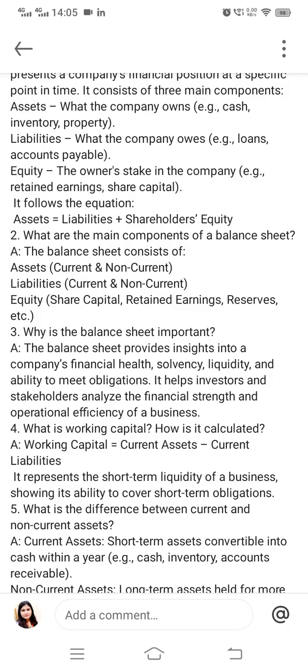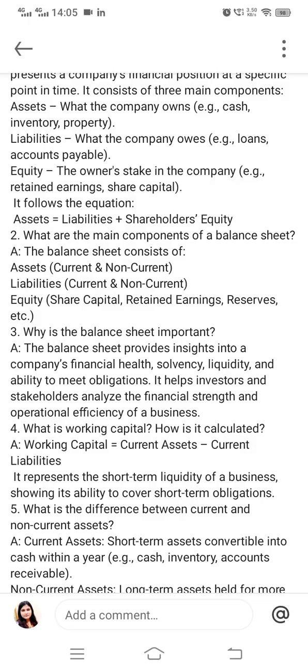So the balance sheet is very important for financial analysis, and the financial analysis part cannot be completed without creating the balance sheet. After creating the balance sheet, these ratios, solvency, liquidity, and other ratios as well are found out, and then we check the financial health of the company.